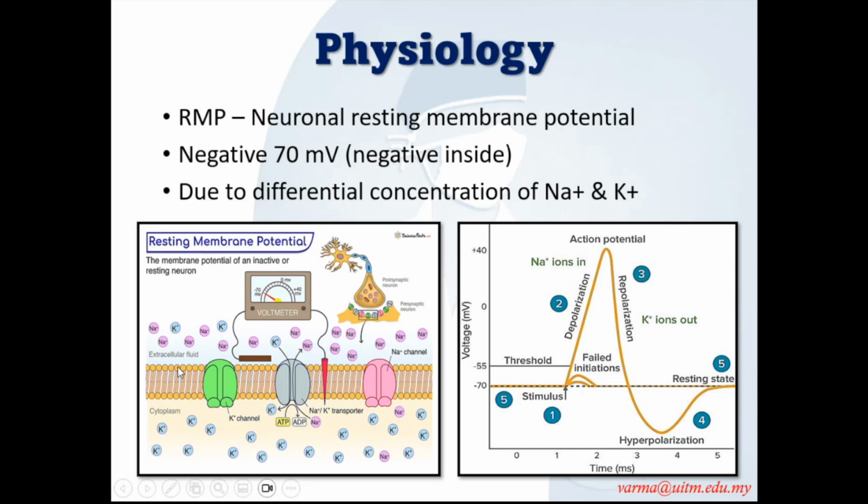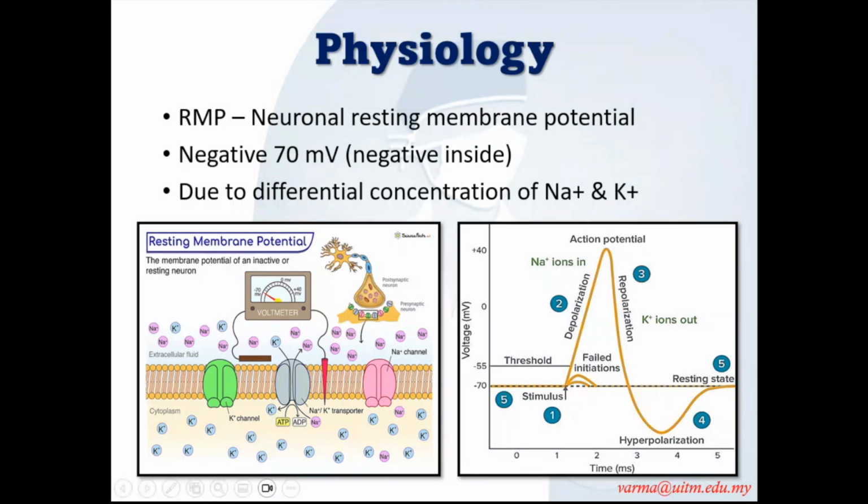Okay, for axon, we call cytoplasm the exoplasm. We know extracellularly sodium is more, intracellularly potassium is more. The difference of potassium intra and extra is almost 30 times more inside for potassium, whereas sodium is 10 times higher at extracellular.